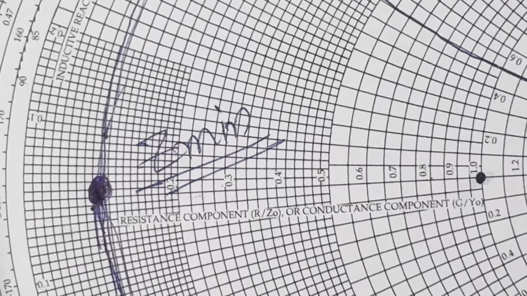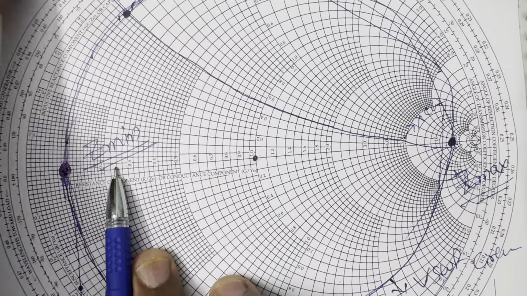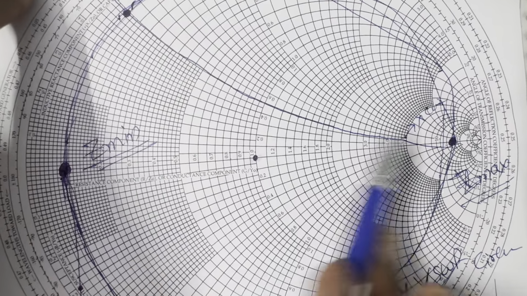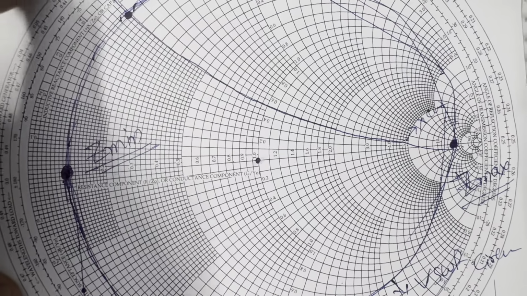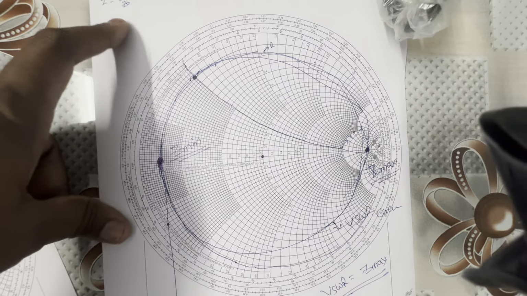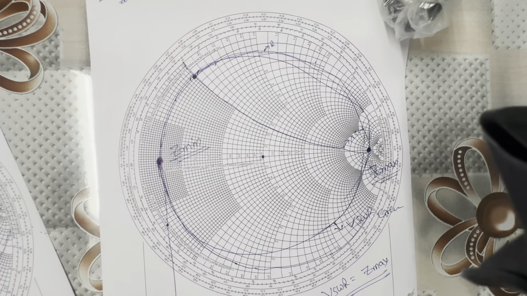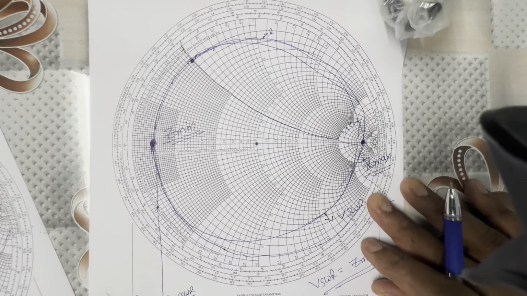It is Z maximum at this side, Z minimum at this side. And you have to identify the normalized admittance also, and the angle of reflection coefficient. Those are the two points we have to identify.